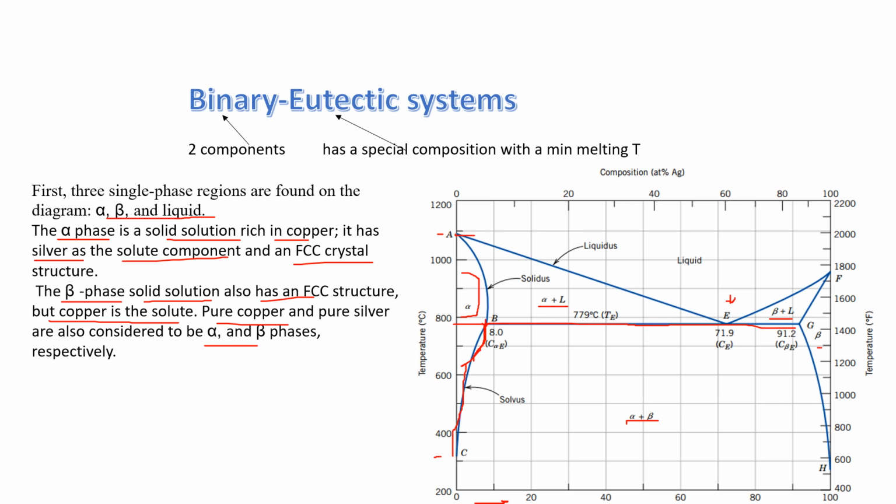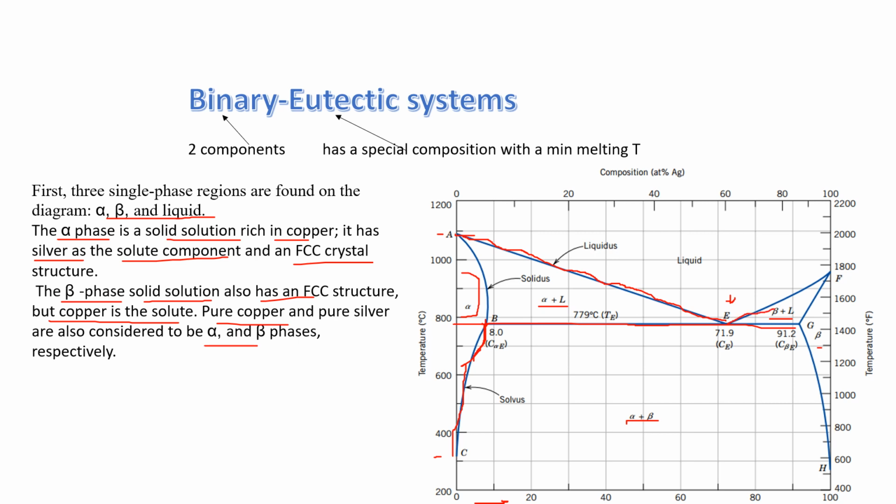As silver is added gradually to the copper on the horizontal axis from 0 to 100%, the temperature at which the alloy becomes totally liquid decreases along the liquidus line AE.